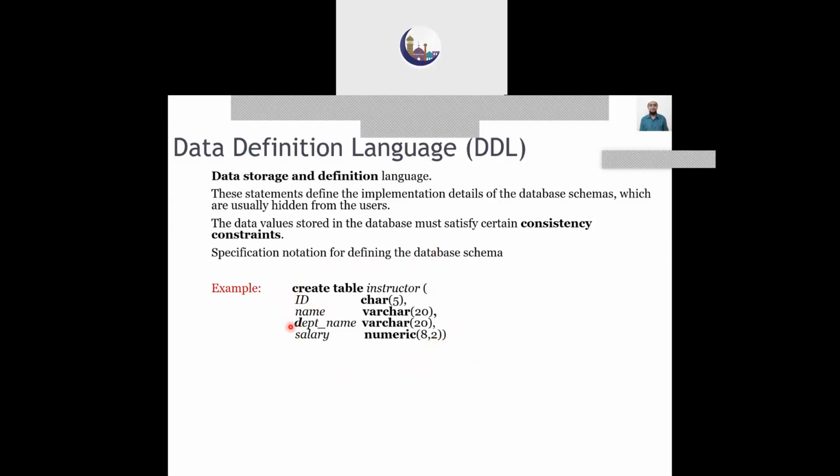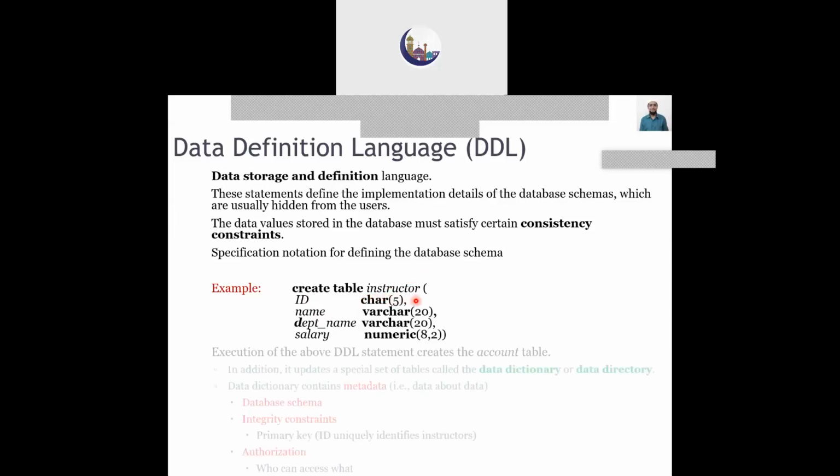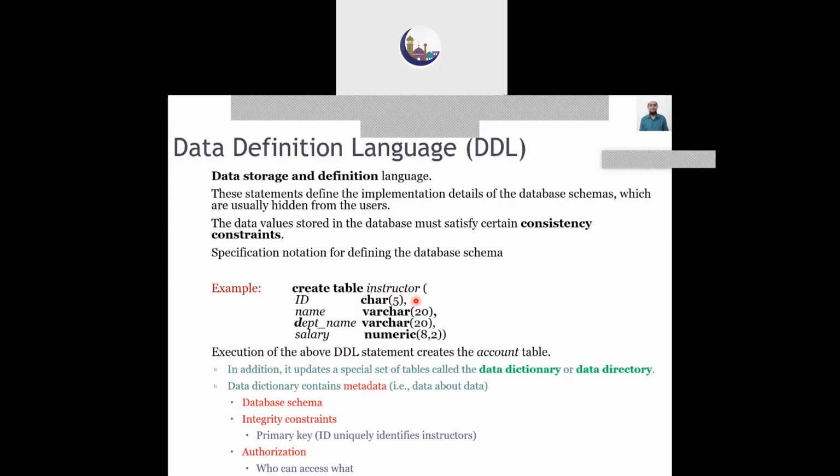The set of things I have listed in between the parentheses is nothing but the name of each column along with its data type. So when we apply this command in the SQL prompt or SQL compiler, it will create a table for us with the name instructor containing 4 columns. So DDL statements create the instructor table, likewise the account table.